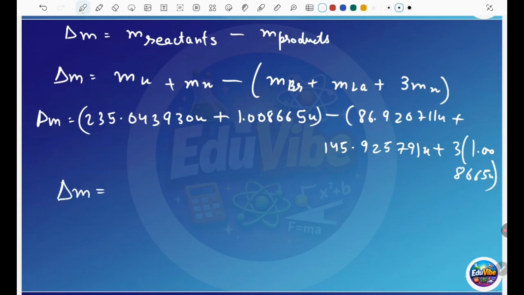When you solve this big expression, you will get 0.180098 U. Make sure you check your values when you put them in the calculator because it is a big one and you have to be careful with this.